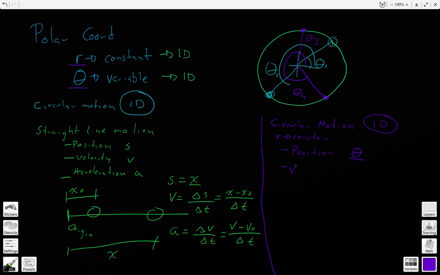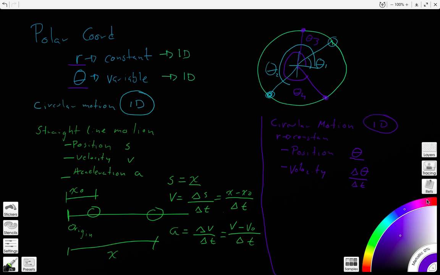My velocity remains just as this one, as a change in position over a change in time. Right now, what I'm talking about is called angular quantities.